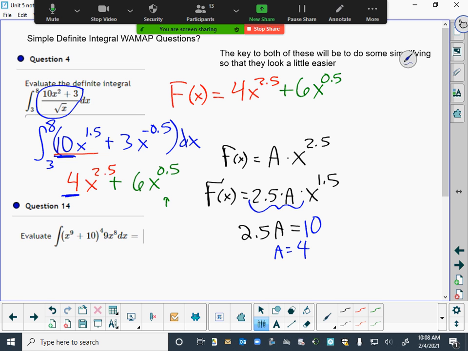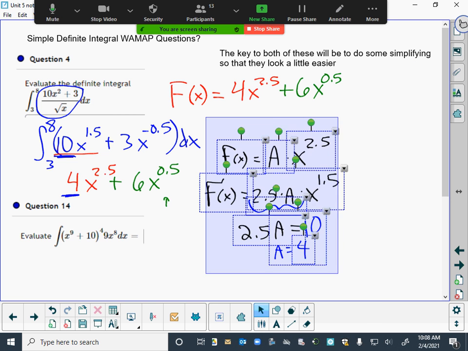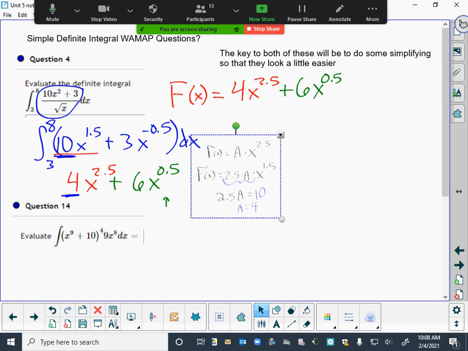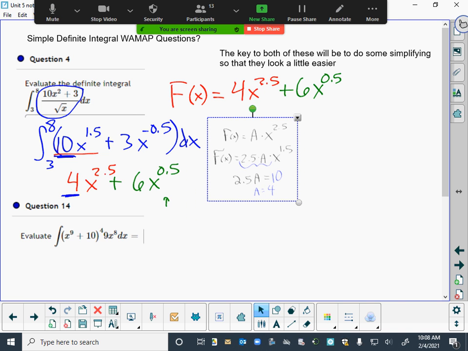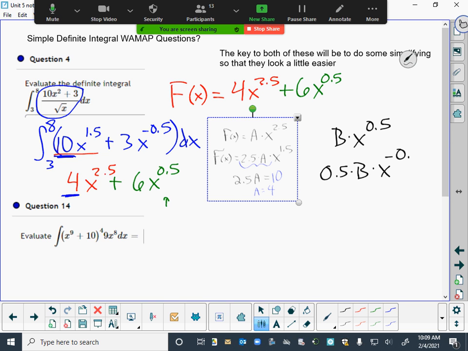So similarly on the other one, let me shrink this down a little bit so it's not taking up so much space. We had on the other one, we reasoned that it had to be some number times x to the 0.5, and if I take the derivative of that, I get 0.5 times b times x to the negative 0.5, and the x to the negative 0.5 matches what I needed there.